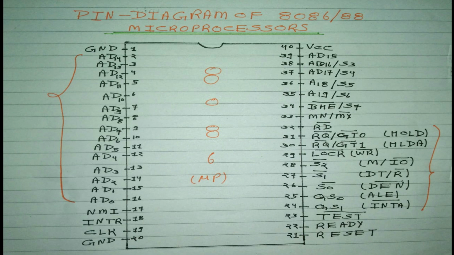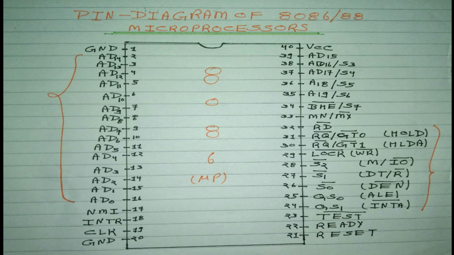Okay, and at the last pin in this video lecture, BHE bar / S7. Okay, BHE means bus high enable. Okay, the bus high enable pin will help the 8086 to enable the most significant data bits D8 to D15 during a read or write operation, and the status S7.